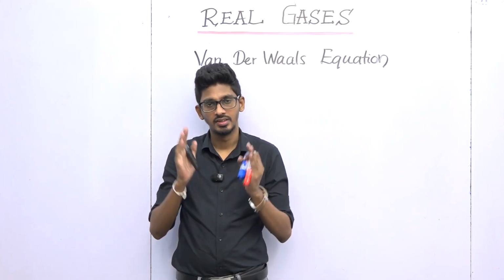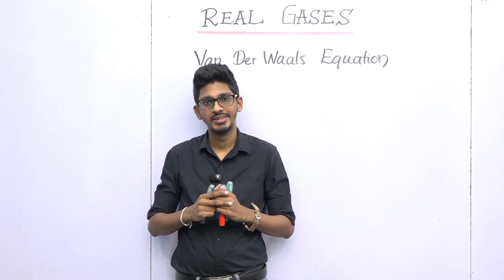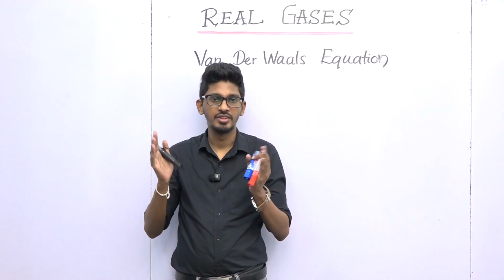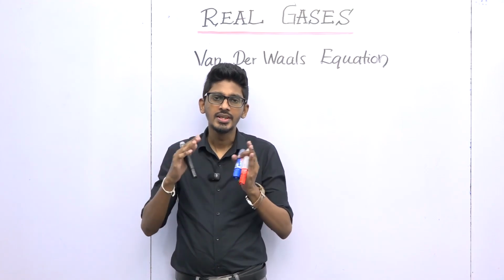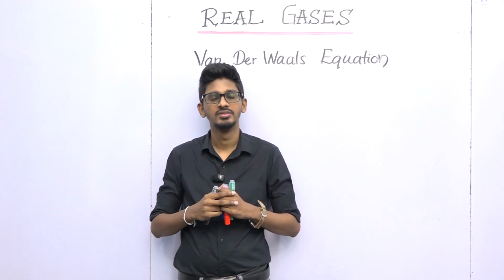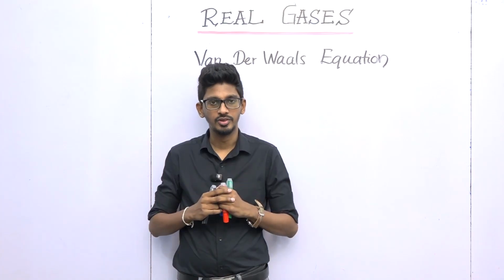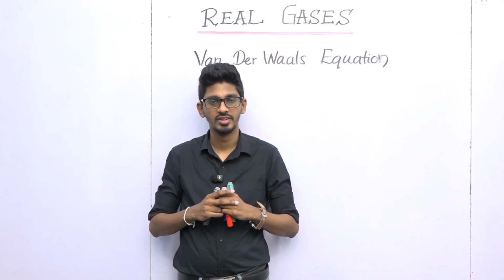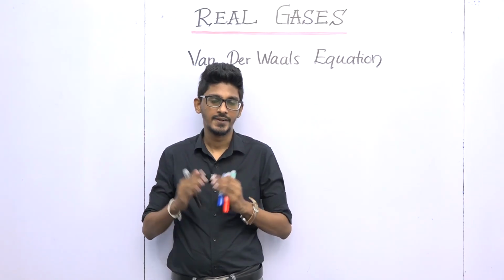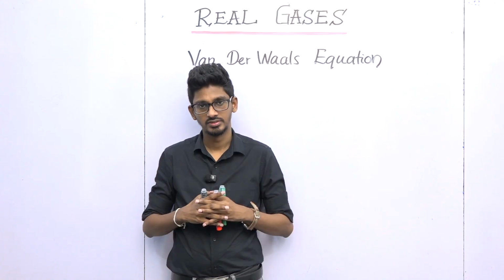The reason is that at normal pressures and temperatures, they have intermolecular attractions as well as repulsions among gas particles, so it is not ideal behavior. And the volume of real gas molecules can't be neglected compared to the volume of the vessel. Because of those two facts, real gas does not follow PV equals nRT.